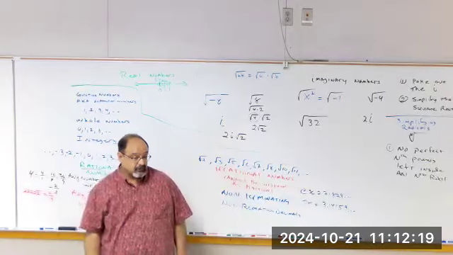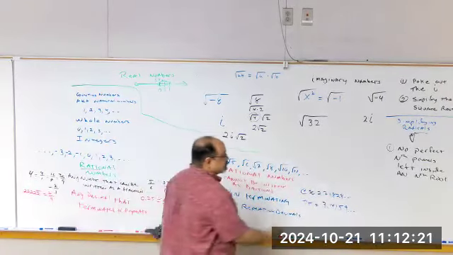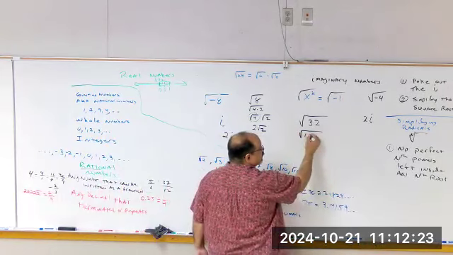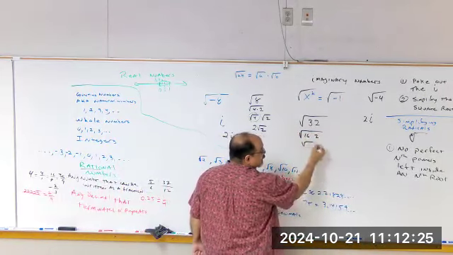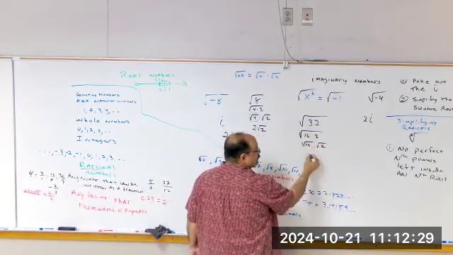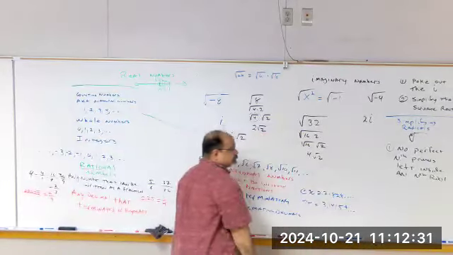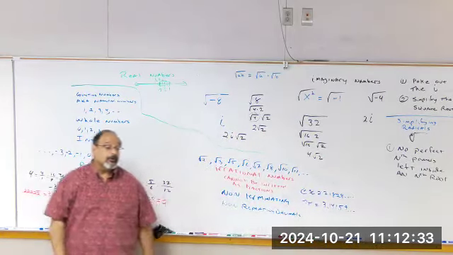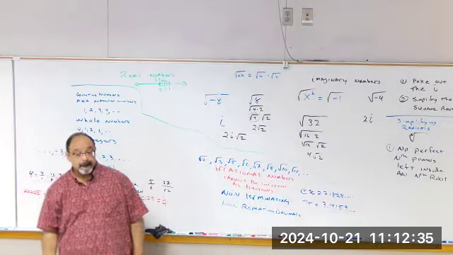If you know your perfect squares, you'll know that it's 16. So this is the square root of 16 times 2, which is the square root of 16 times the square root of 2. And then you've got 4 times the square root of 2, if you know your perfect squares.